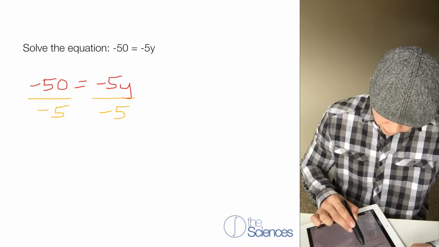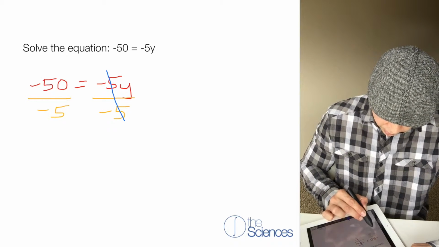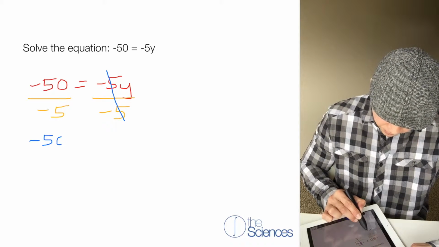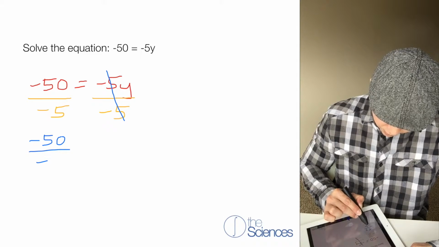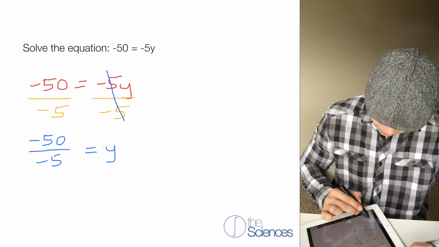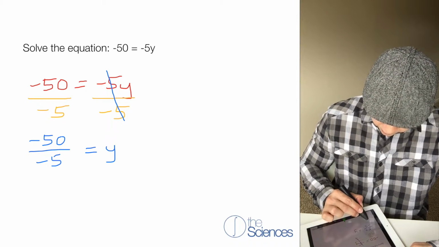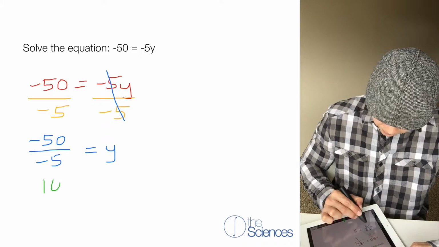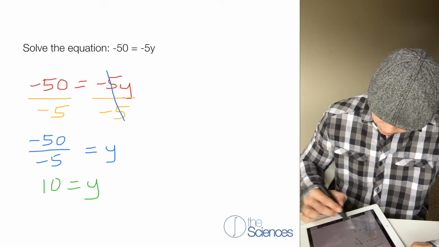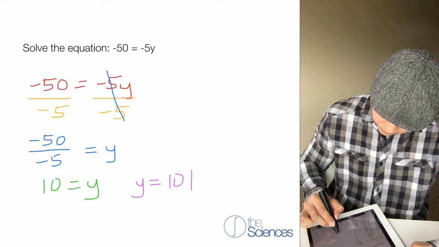So the negative 5's cancel out. So now we have negative 50 over negative 5 equals y, or negative 50 divided by negative 5 is 10, equals y. We could write that as y equals 10.